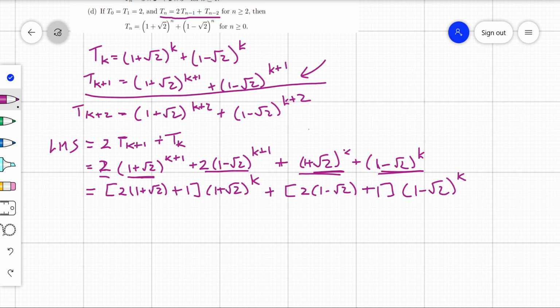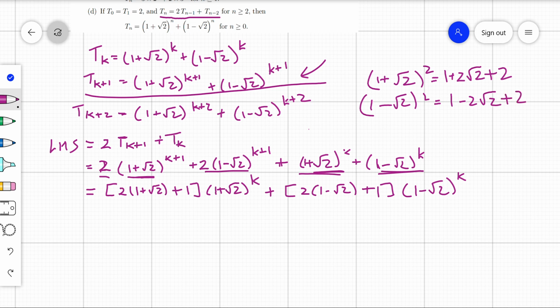Now, if you think about what we're trying to get in that square bracket, because we want (1 plus root 2) and (1 minus root 2) to the k plus 2, we're missing both the squares, so 1 plus root 2 squared and 1 minus root 2 squared. If we just square and have a look at what we're trying to get, that would be 1 plus 2 root 2 plus 2, and 1 minus root 2 squared would be 1 minus 2 root 2 plus 2.